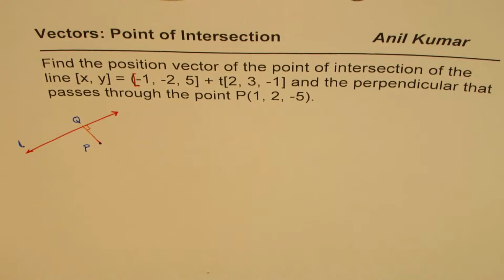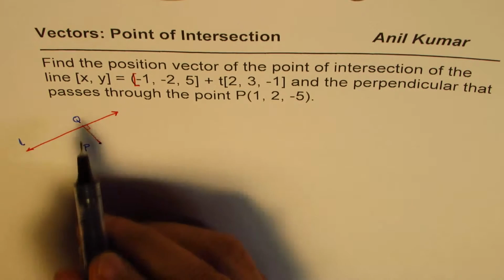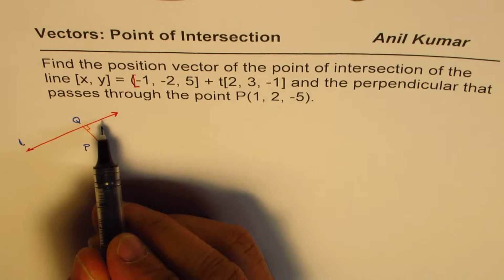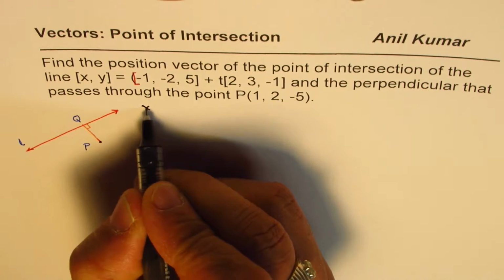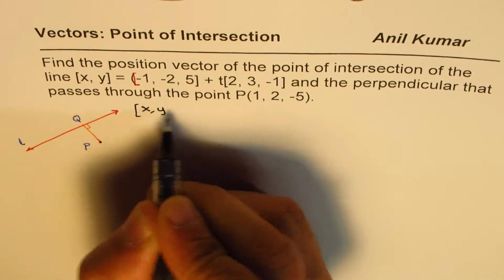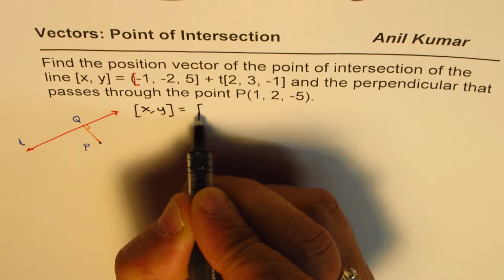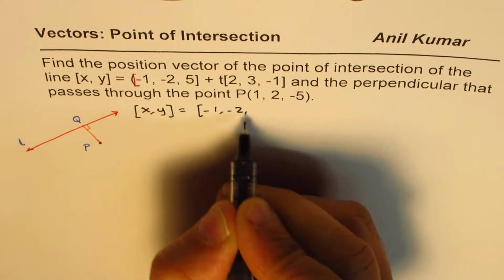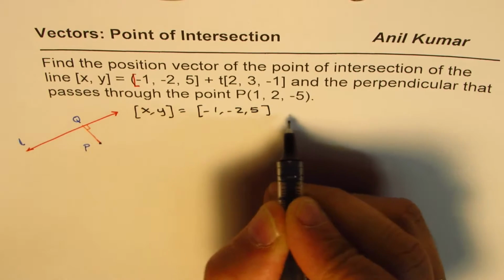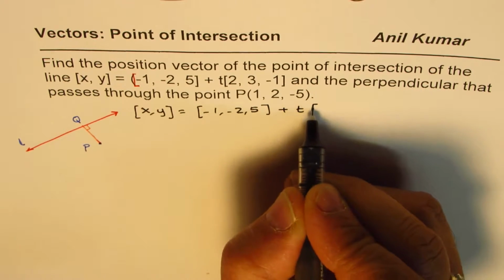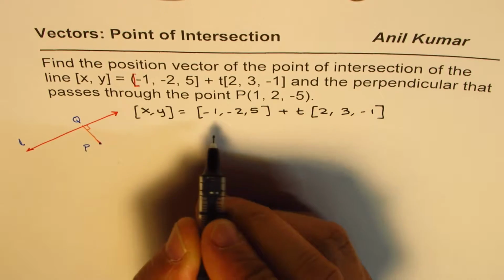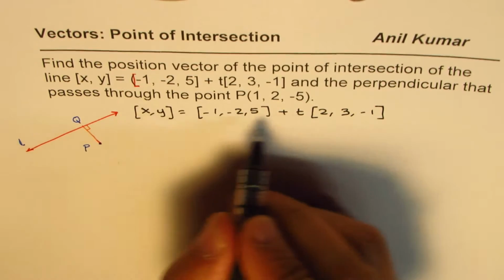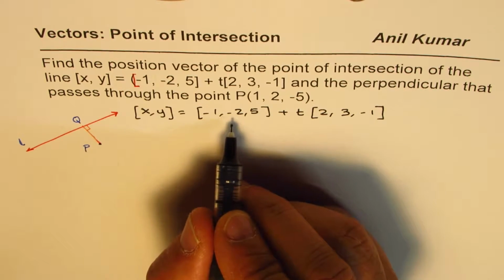Now, let's begin by writing the general point Q on this line. Since the equation is given to us as r equals (-1, -2, 5) plus t times (2, 3, -1), we can write down the x, y and z coordinates of any general point.